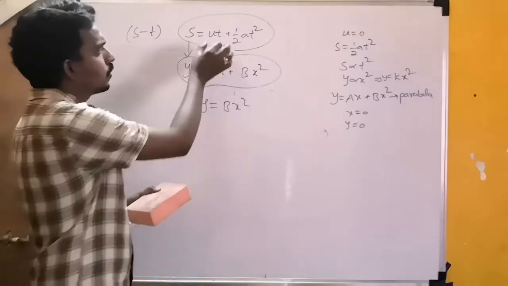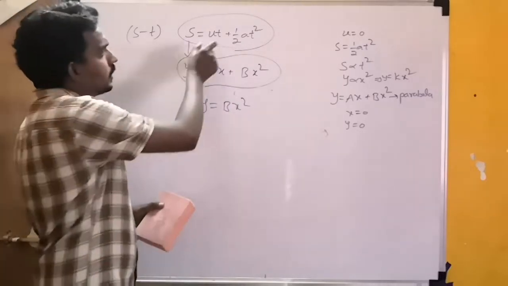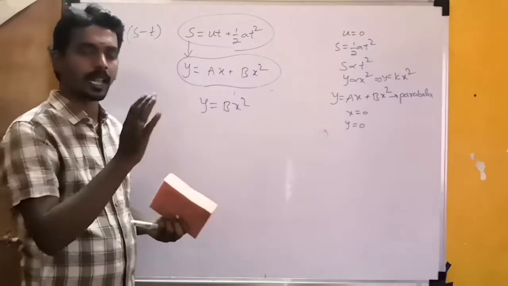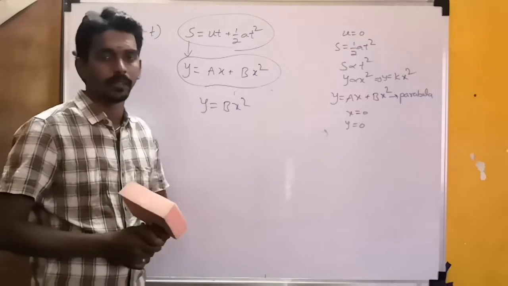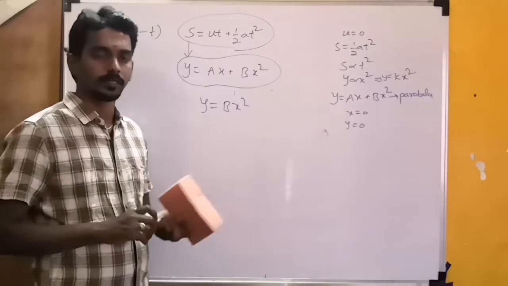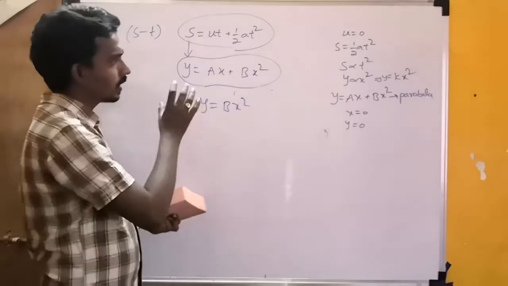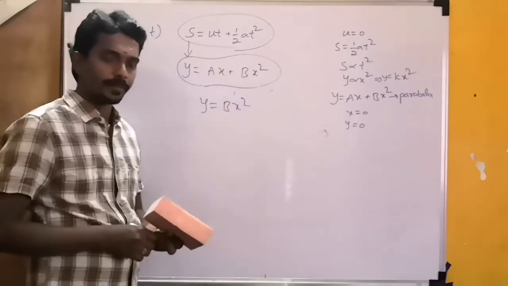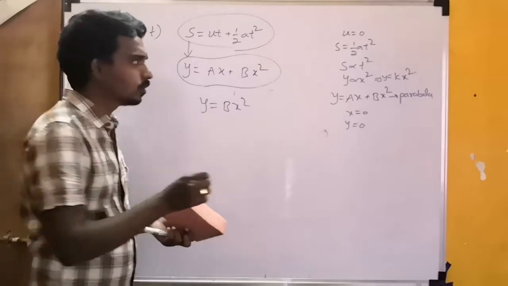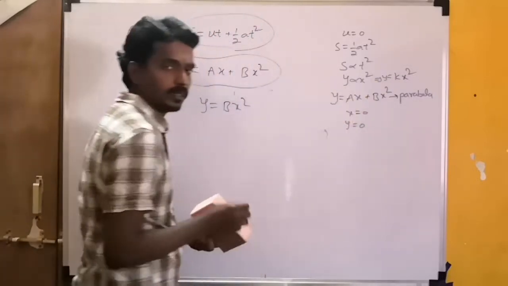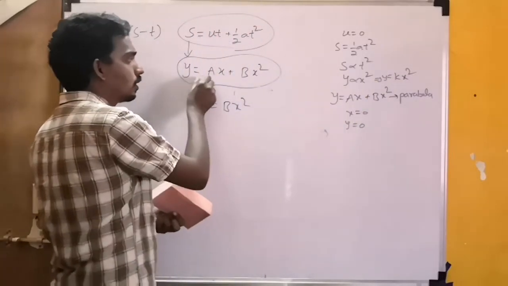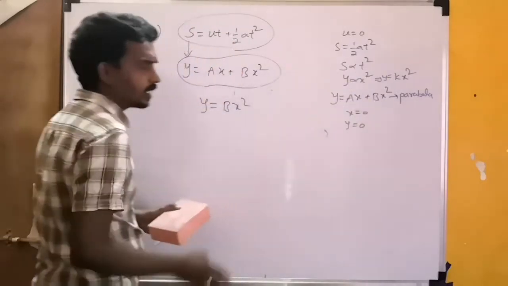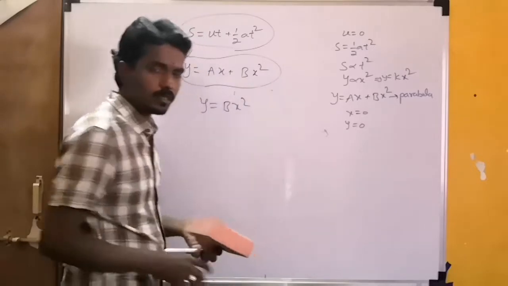So don't get doubt about this one. This also looks like the same parabola, but the slight deviation will be different. So please understand the importance of this also: y equal to kx square, and also y equal to ax plus bx square, where k is a constant, and a and b are also constants.